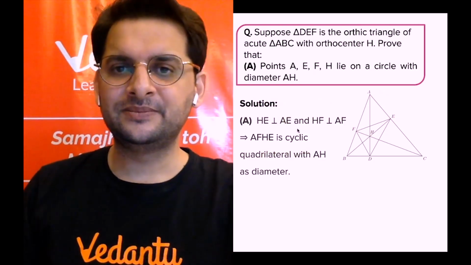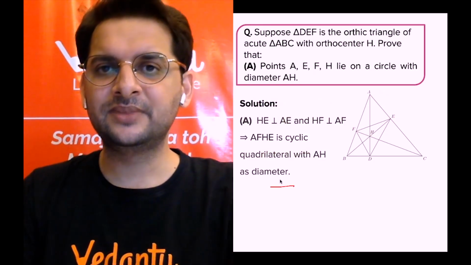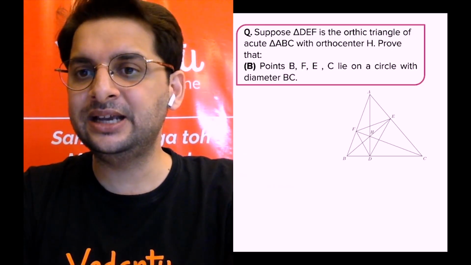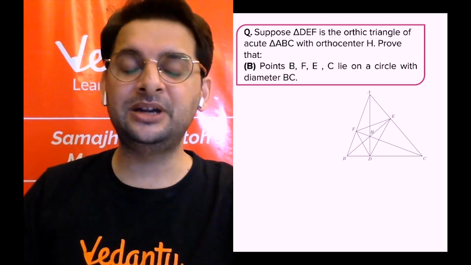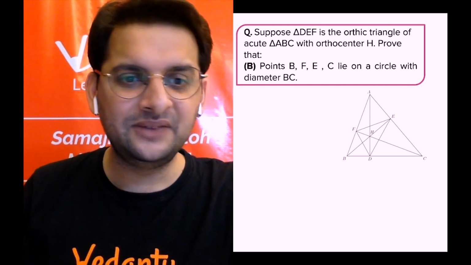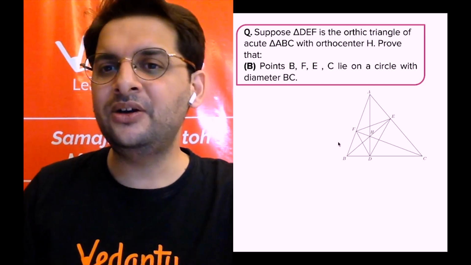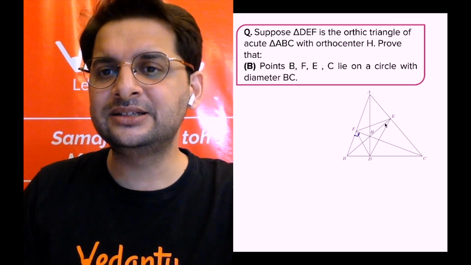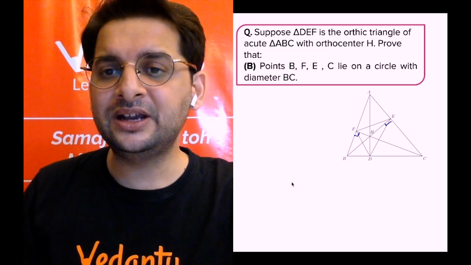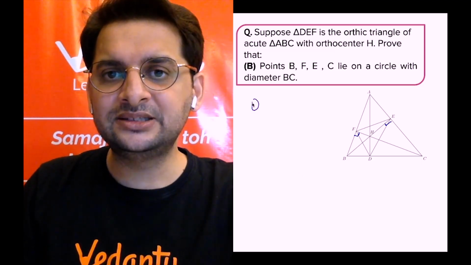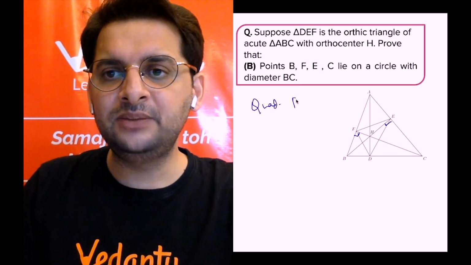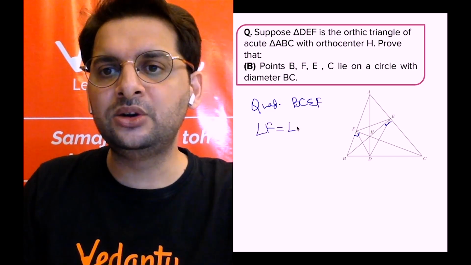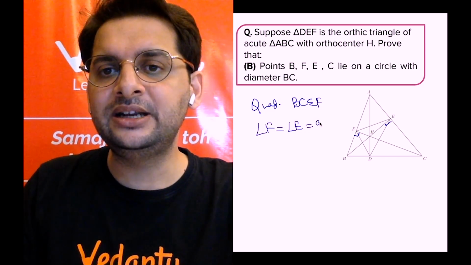Again, right, so this is the solution. So B part, can we prove BFEC is again cyclic with diameter BC? We just did this. How is that? Because this angle is 90 degrees and this angle is 90 degrees by definition. So if we consider the quadrilateral BCEF, angle F is equal to angle E is equal to 90 degrees.